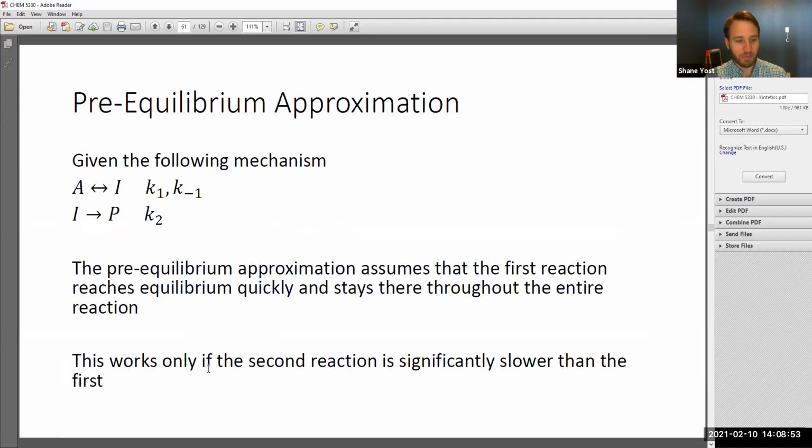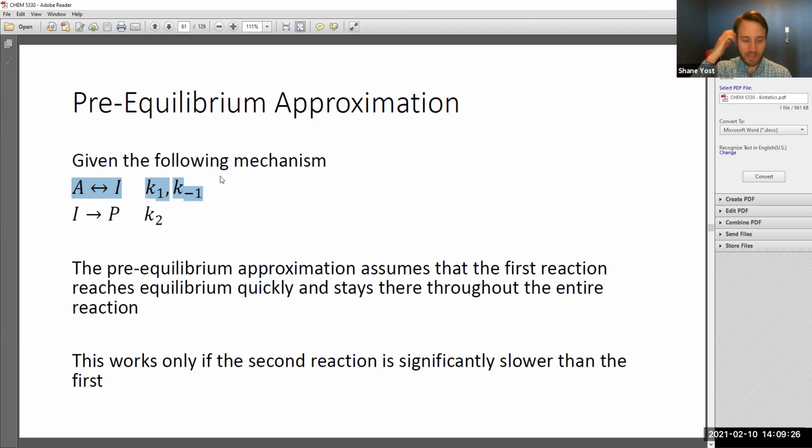Now, often this rate determining step will be combined with what's referred to as the pre-equilibrium approximation. That's basically stating that if I have some slow step, and right before that is a fast reaction that can go in either direction, so an equilibrium reaction, happening very quickly, then the idea is that first reaction is always in equilibrium during the entire time your reaction is taking place.